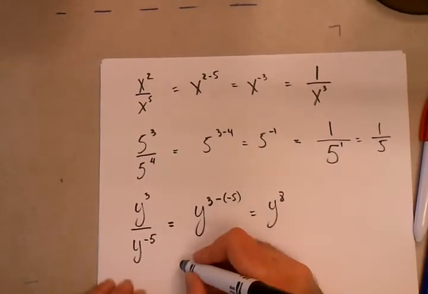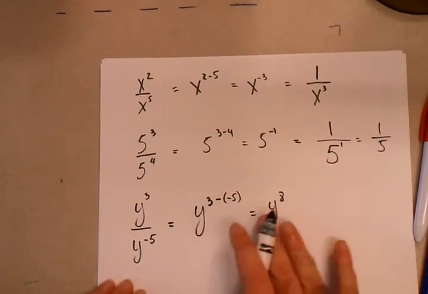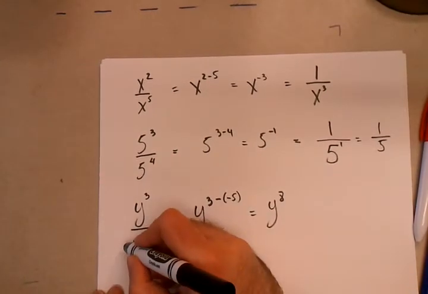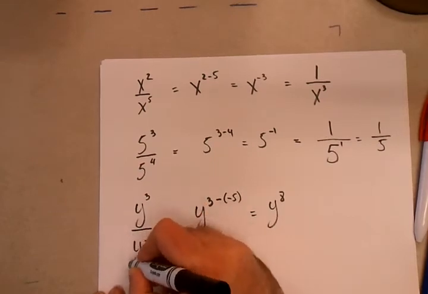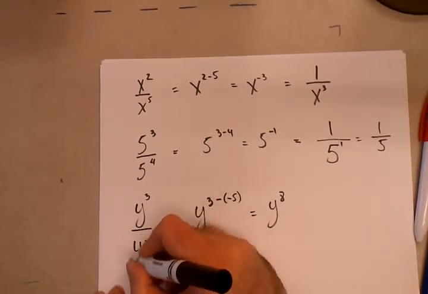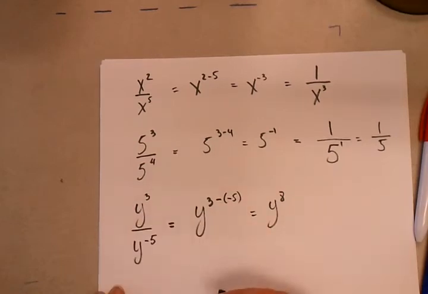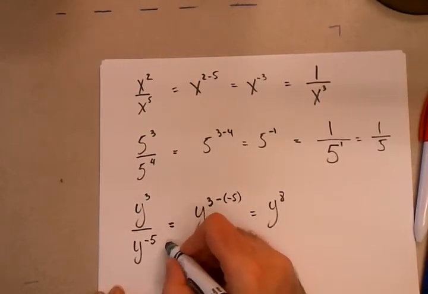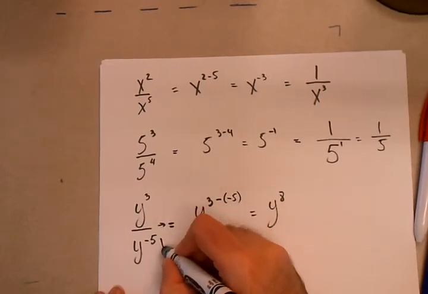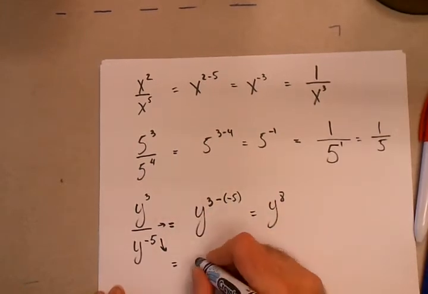But let's see if you could have done it in a different way. So instead of doing it this way, you could have taken this particular denominator, and in order to make it positive, you could have flipped it or pulled it up into the numerator. So this is one way. You could have done it this way too.